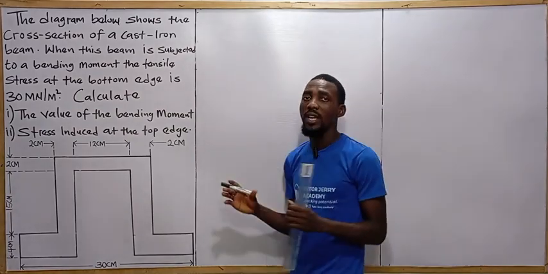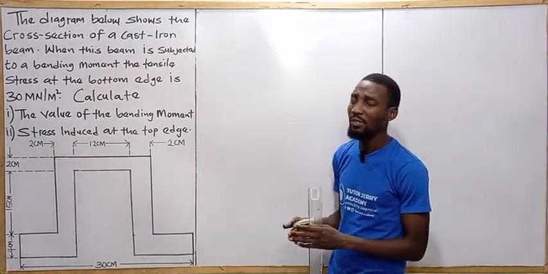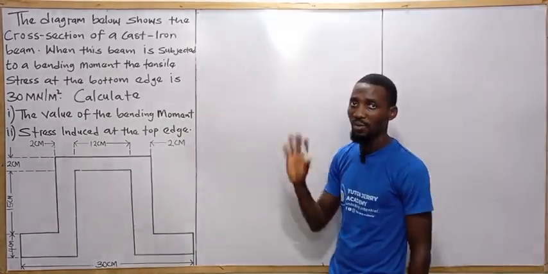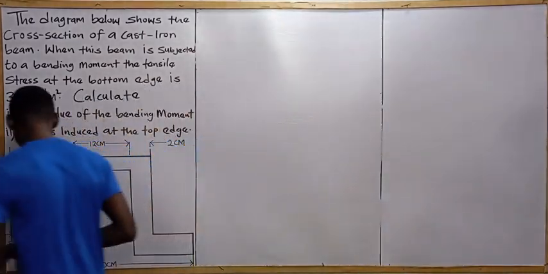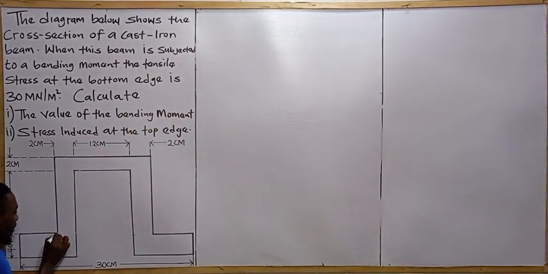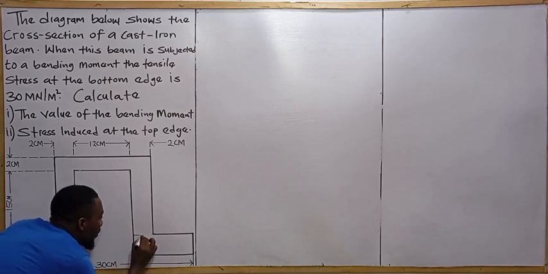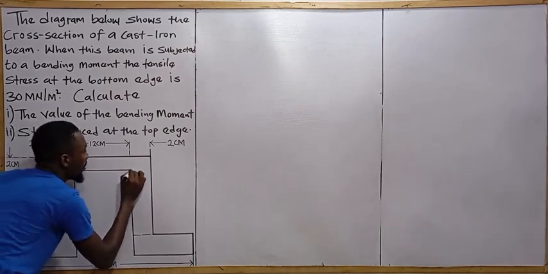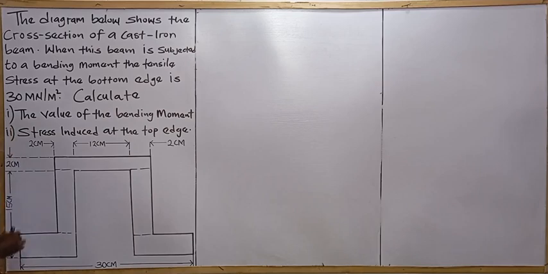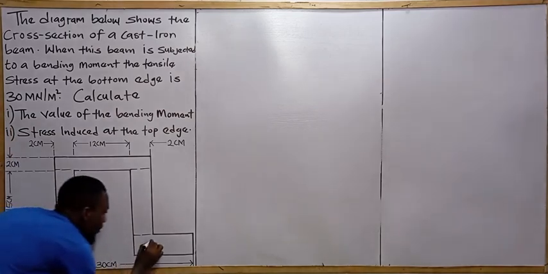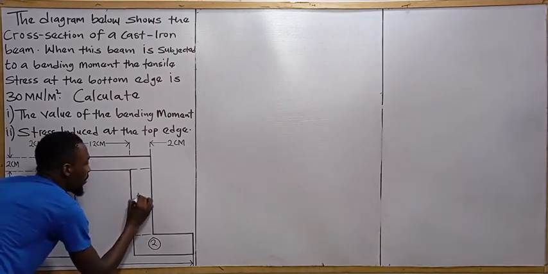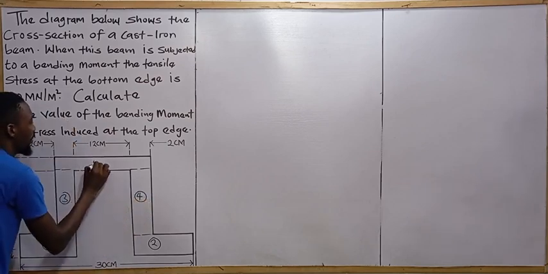All right, so we are going to start by calculating the position of the neutral axis. And for us to do that, we are going to divide this section into 5 rectangles. So this is 1, this is 2, this is 3, this is 4, and this is 5.